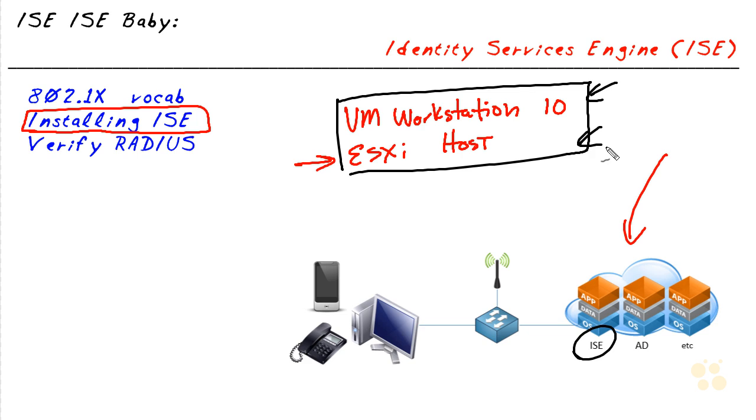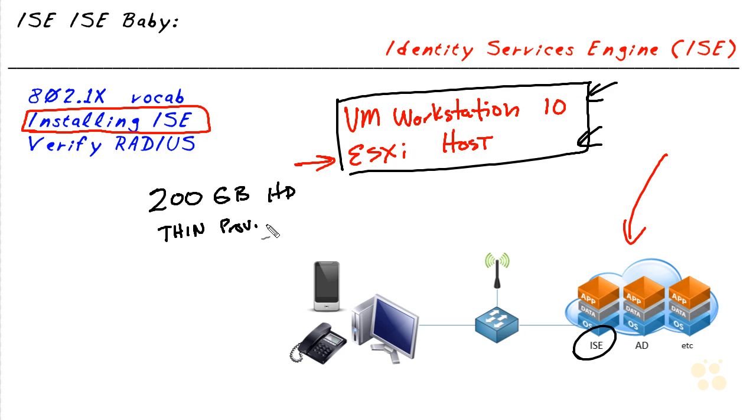When you do install a new virtual machine, either in VMware Workstation or on the ESXi host, go ahead and give it a 200 gigabyte hard drive. Now, you might be saying, Keith, 200 gigs? I don't have 200 gigs to spare. In a lab environment, you could go ahead and set that up as being thin provisioned, which means it won't really use the full 200 gigs.